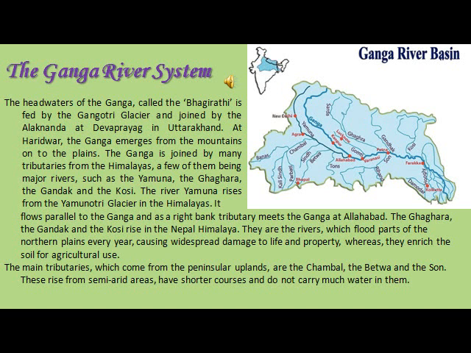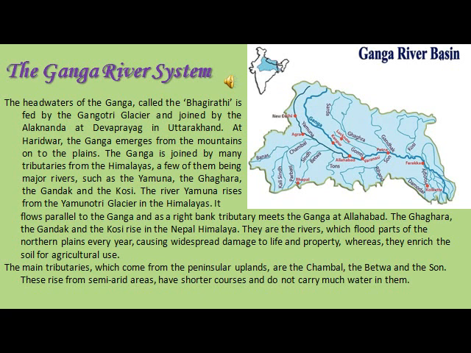The Ganga is joined by many tributaries from the Himalayas, a few of them being major rivers such as the Yamuna, the Ghagra, the Gandak, and the Kosi. The river Yamuna rises from the Yamunotri glacier in the Himalayas. It flows parallel to the Ganga and as a right bank tributary meets the Ganga at Allahabad or Prayagraj.